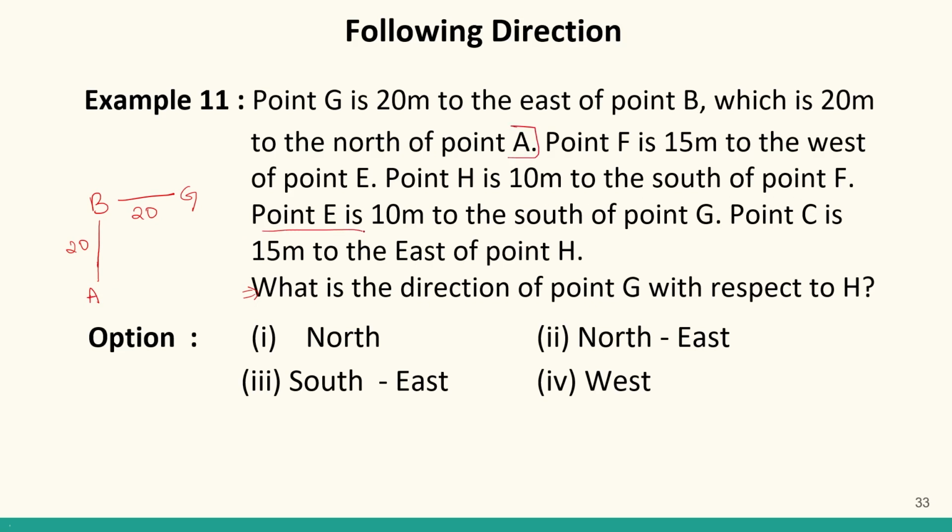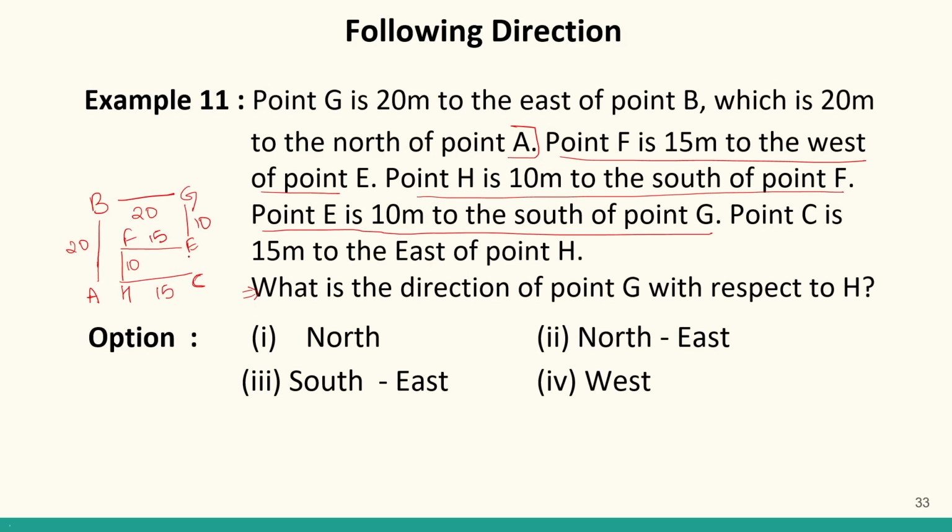Then E is 10 meter to the south of G. Right? F is 15 meter to the west of E. Point H is 10 meter to the south of A. And then from here we go back to 15 at point C.